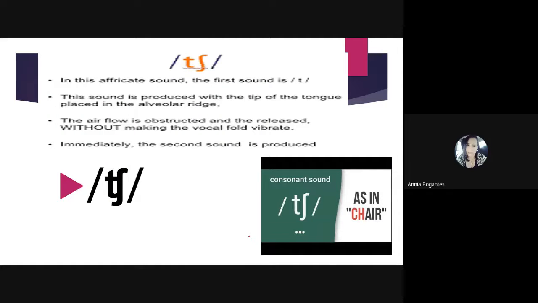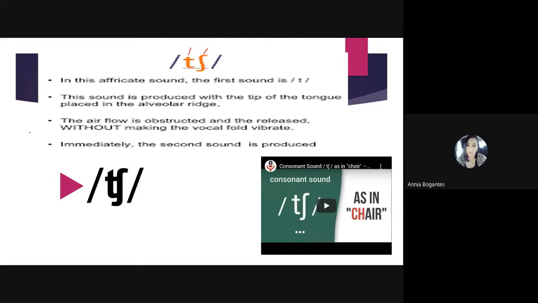Here, we're going to start with this one first. We're going to review how we produce these sounds together, but we're going to describe this first, and then this one. Could you read, please?